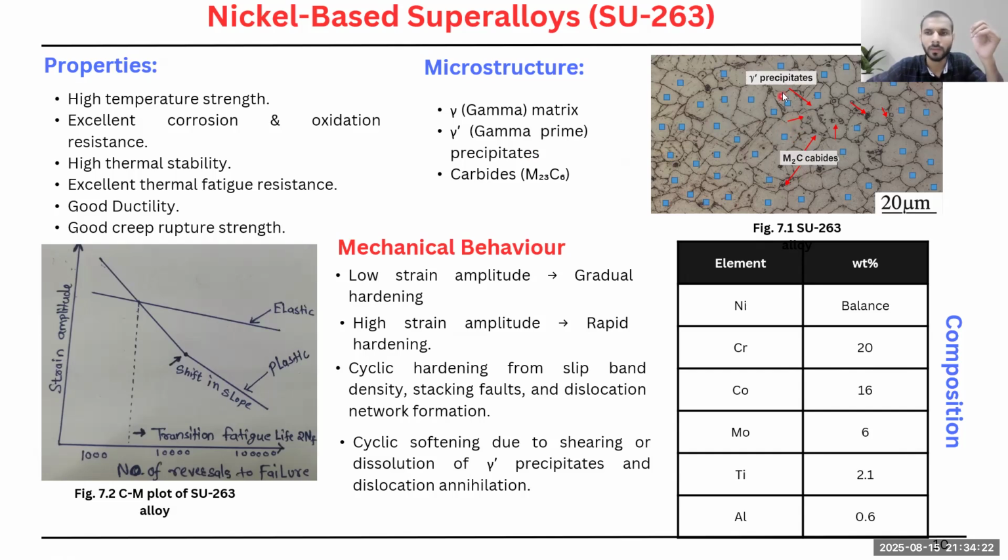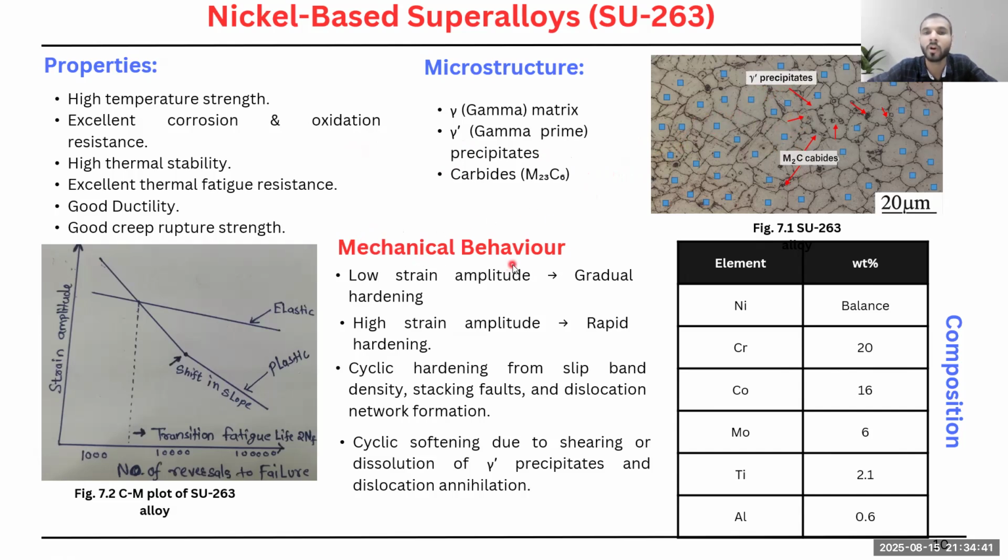Now, it provides high creep resistance to our alloy, and these gamma precipitates are responsible for providing high corrosion and oxidation resistance also.